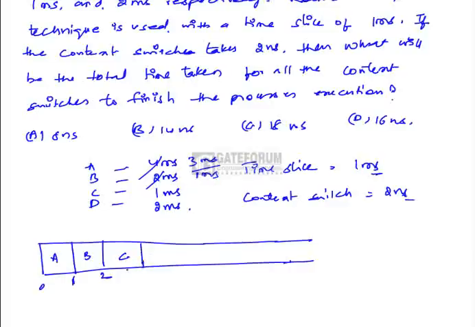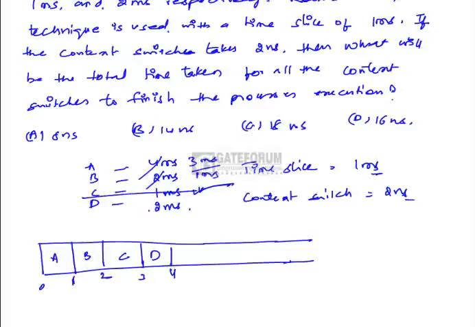slice of 1 millisecond, and it will continue up to 3, and as burst time of process C is 1 millisecond, it will be completed. And after that D will be allocated. If you allocate, it will continue up to 4 milliseconds.